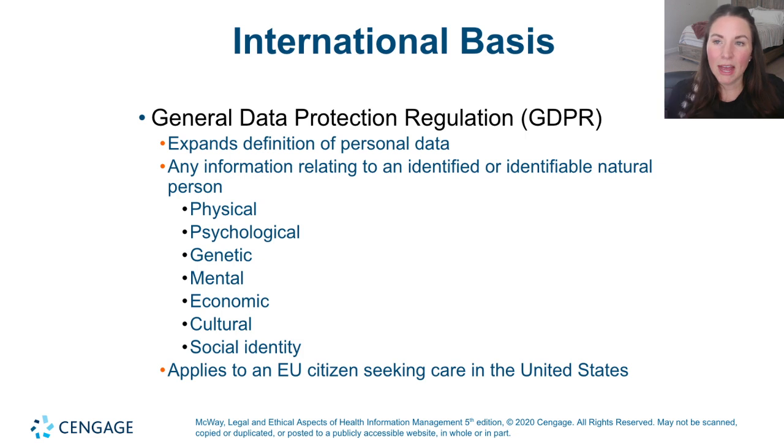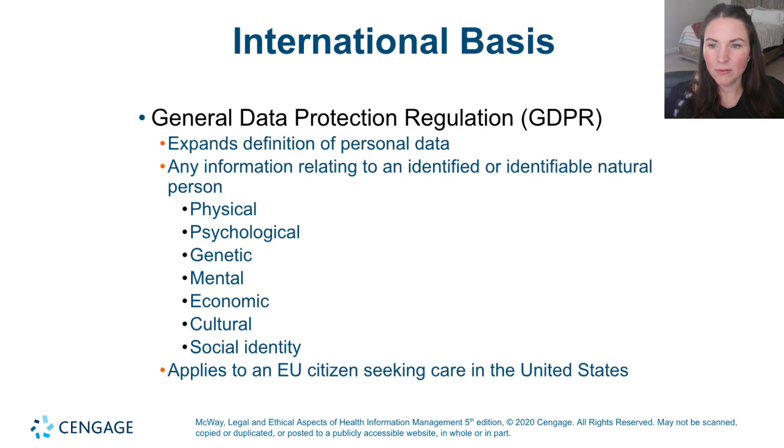On an international scale, there have been a lot of upgrades to data protection laws in the European Union, the biggest being the General Data Protection Regulation, the GDPR. This expands the definition of what would be considered personal data that has to be protected.